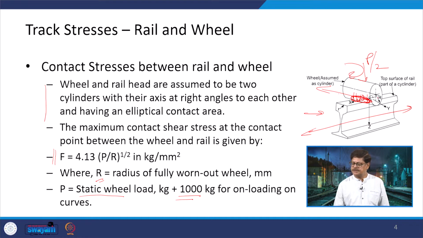So, this radius R we are talking about here, but in this case we are considering that this wheel is fully worn out. So, this is one formula which we have to calculate the contact stress when we have an interaction of rail and wheel.